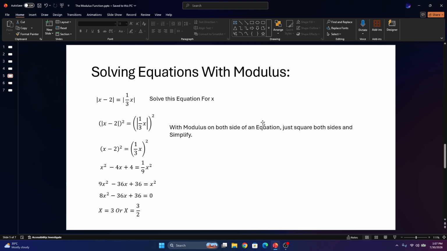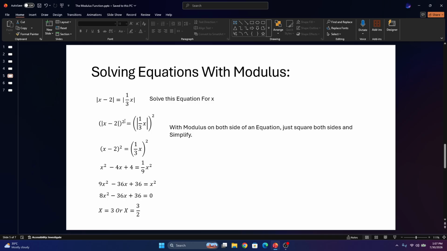Now, the next part of this chapter, this topic modulus, is solving equations and inequalities. For an equation with modulus on one side or both sides, we are just going to use a simple method and square both sides. So here we have an equation with modulus on one side and on the other side as well.